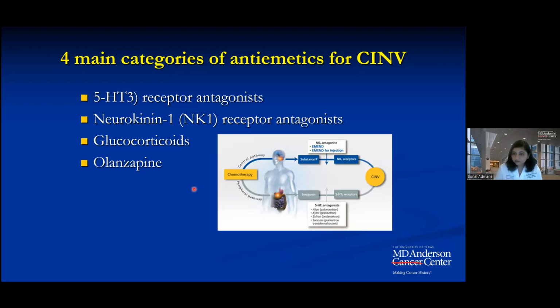So these are the category of medications that we commonly use, and they are sometimes inbuilt with chemotherapy protocols, so patients get medicines concurrent with their infusion of chemotherapy to have relief from acute nausea.